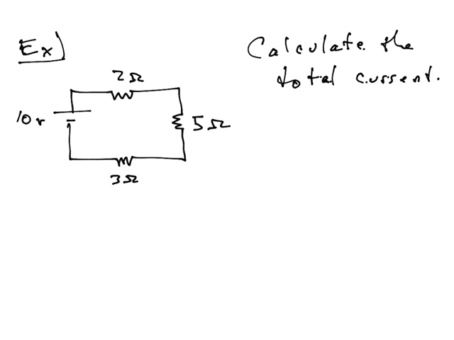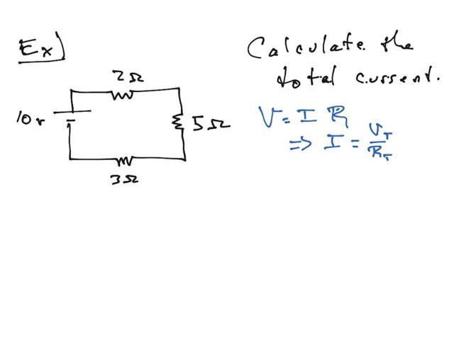All right, so of course, I know what the equation is, V equals IR. And if I want to find the current, I just solve for I. I get I is the total voltage over the total resistance.